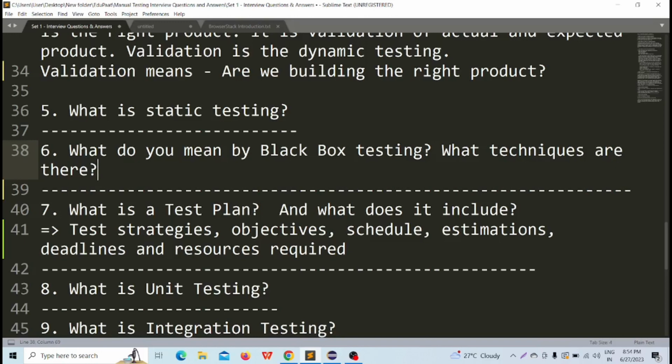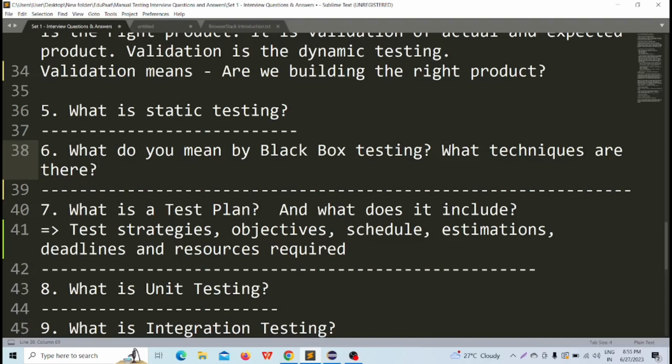In black box testing, we are not checking the internal code structure. Whenever we are testing without knowing the internal code structure or implementation details, without any internal knowledge of the code, that testing is called black box testing.